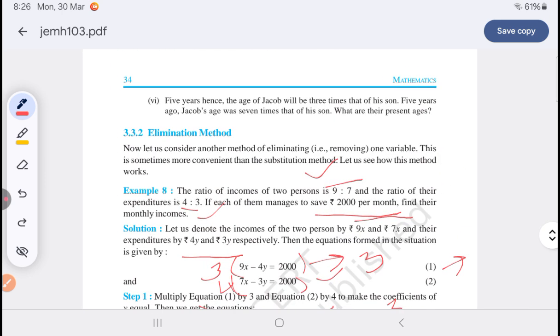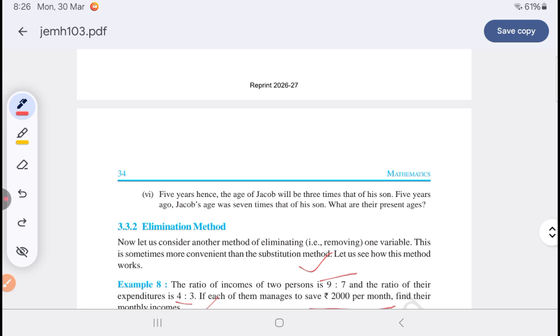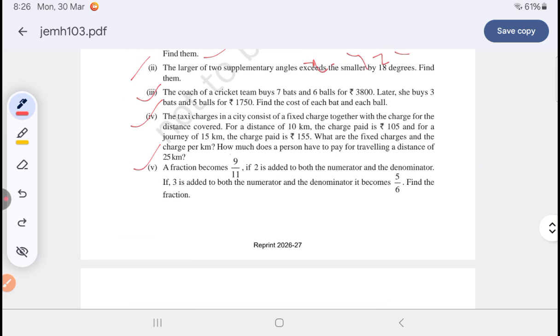And if they have asked the question by elimination method, then do it by elimination method only. Don't do elimination in the substitution method or substitution in the elimination method, they may give 0 marks. So before starting any question, read clearly which method is asked: elimination method, substitution method, or graphical.